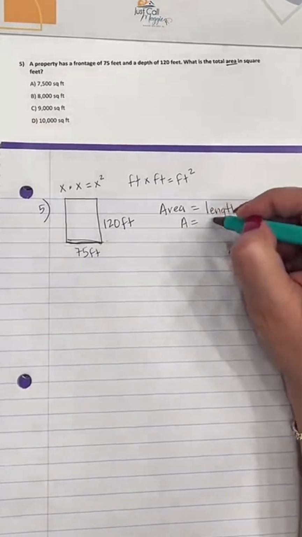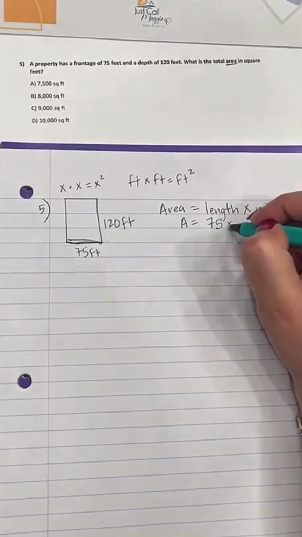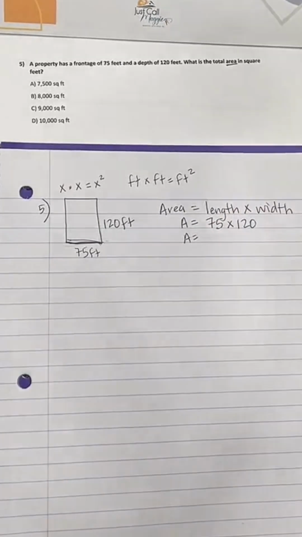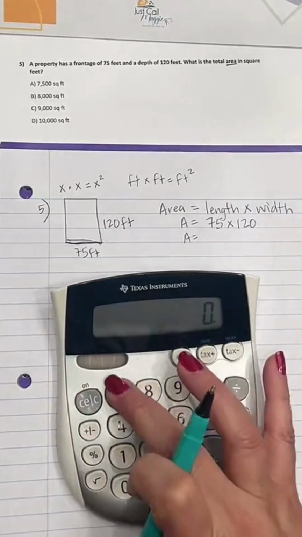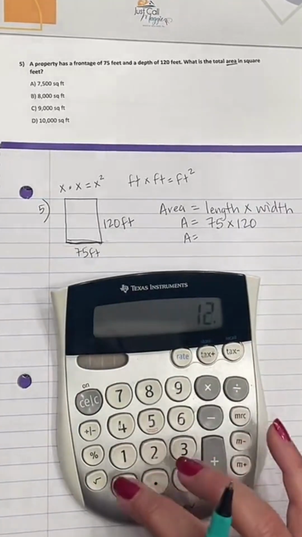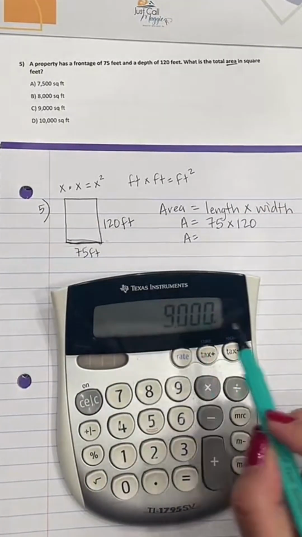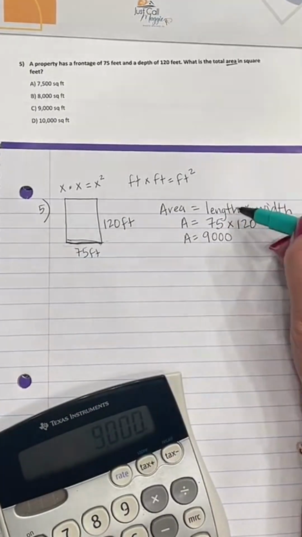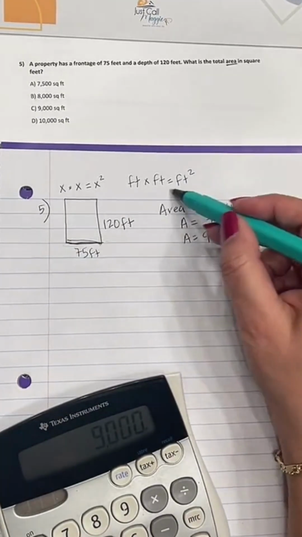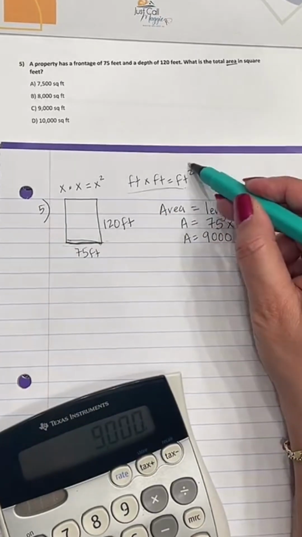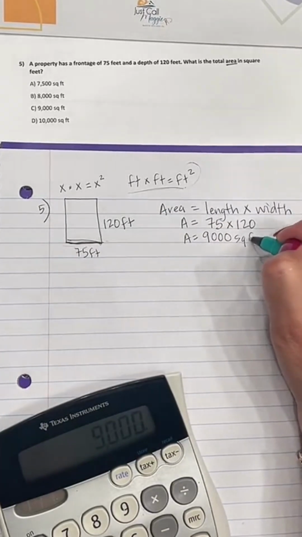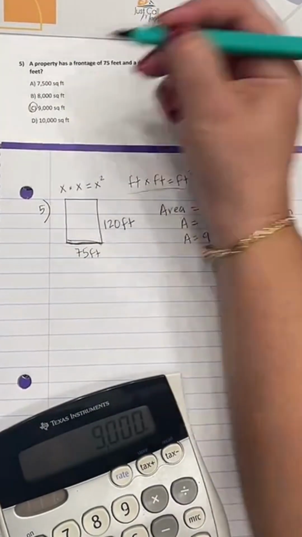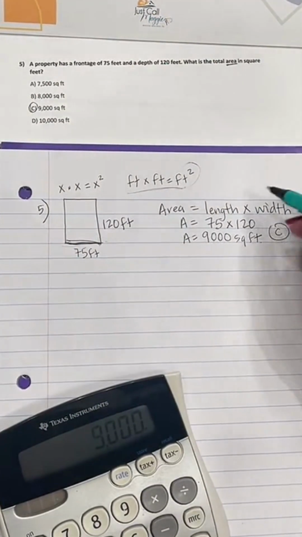So we say area equals 75 times 120. And then we get the calculator. 75 times 120 equals 9,000. And since we multiplied feet by feet, it is going to be square feet. 9,000 square feet. So my answer is C.